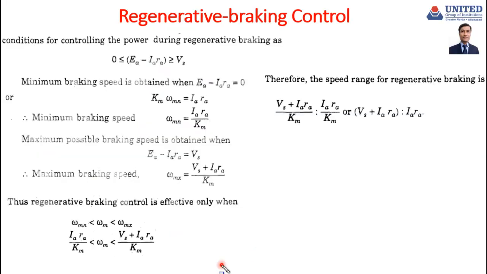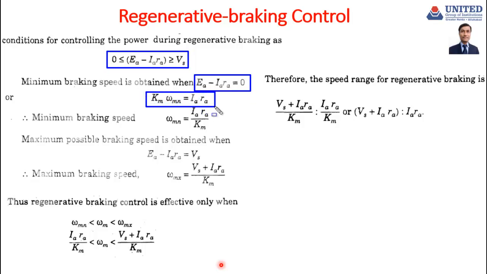Now, from the two equations obtained, we get the condition for controlling the power during regenerative braking as 0 less than or equal to Ea minus IaRa less than or equal to Vs. Now minimum braking speed is obtained when Ea minus IaRa is equal to 0, or Km into omega m minimum is equal to IaRa.